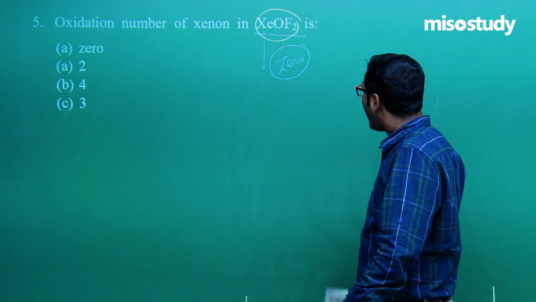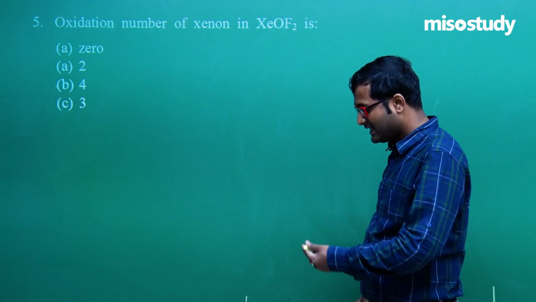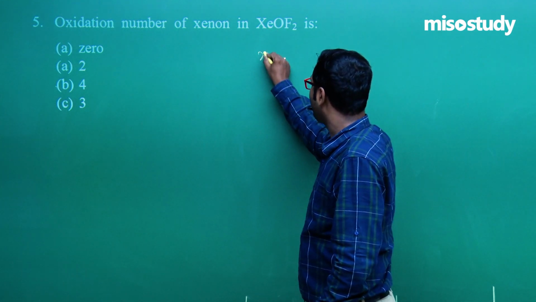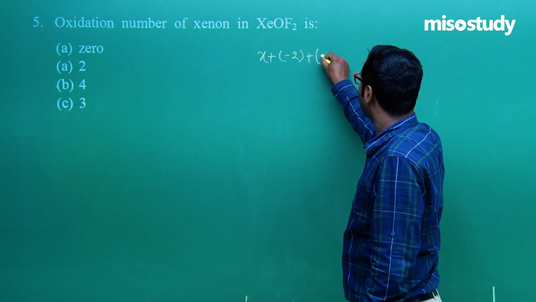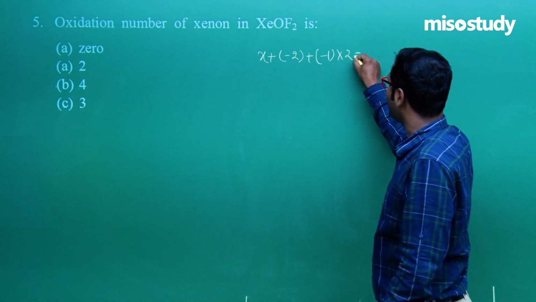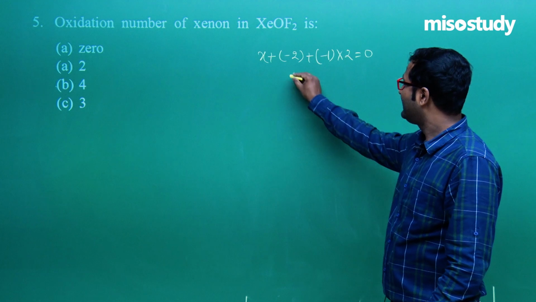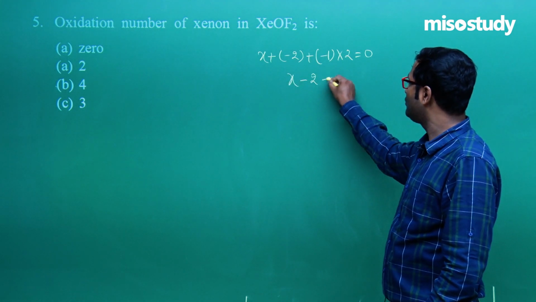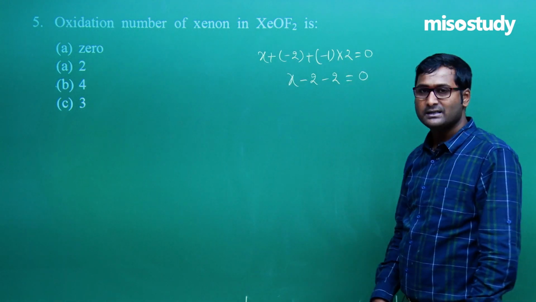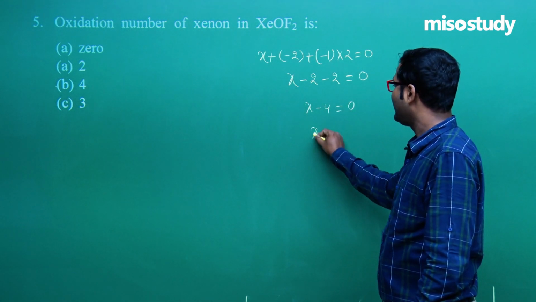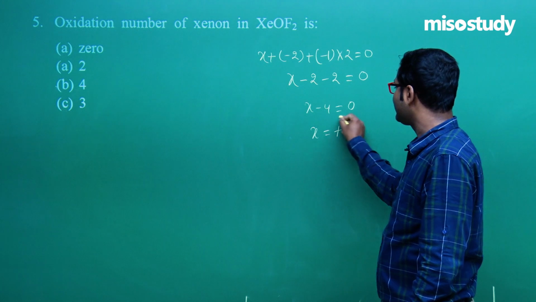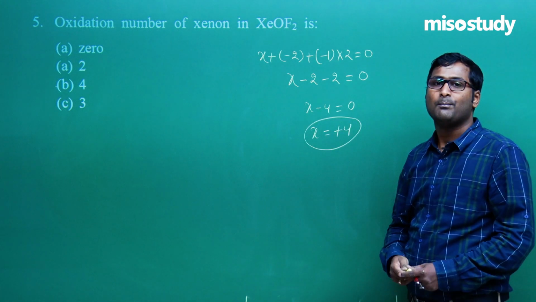Clear to you? So how to find the oxidation state? Check it out. We have to find xenon, x. For oxygen it is -2, for fluorine -1 into 2, that will be equal to 0. That is x -2 -2 is equal to 0. x -4 is equal to 0. Then x is equal to +4.